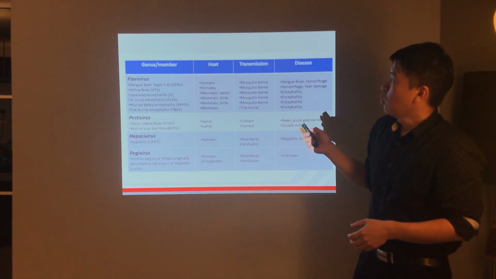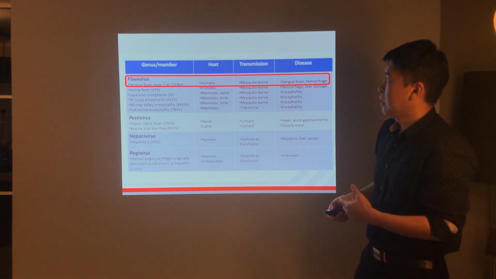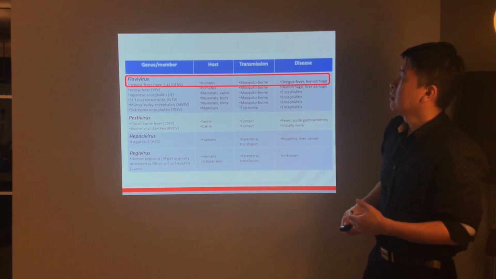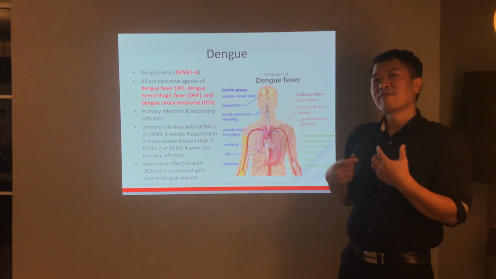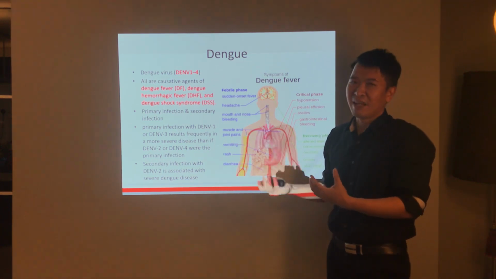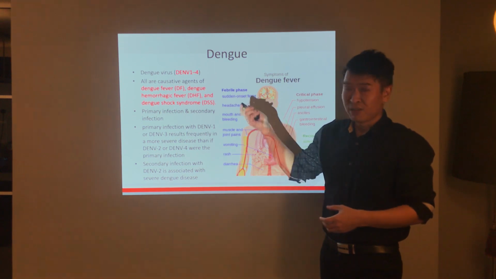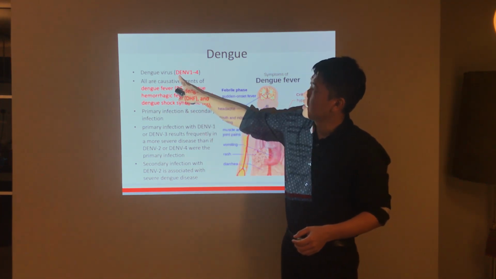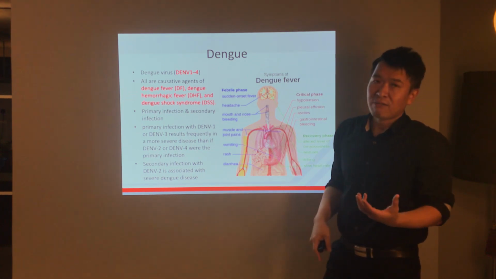Alright, so the one that we are interested in to look into detail for this flavivirus will be dengue fever or dengue virus. So let's have a discussion on what dengue is. I'm sure everyone knows about what dengue is. Dengue is caused by dengue virus. In short, we put DENV, which stands for dengue virus.